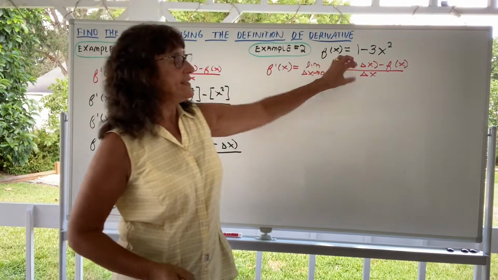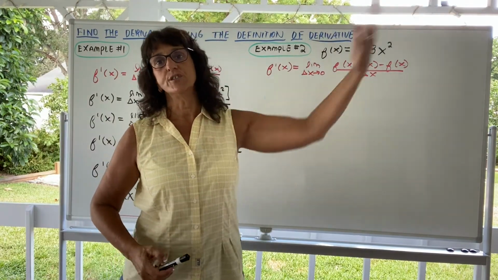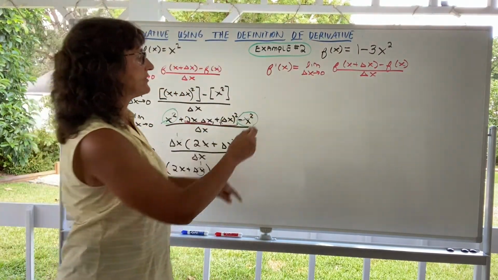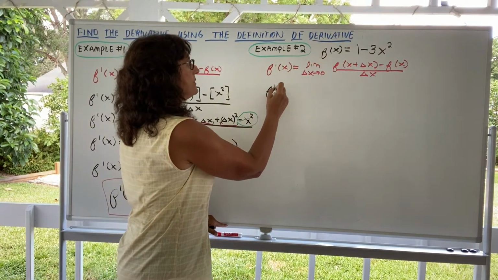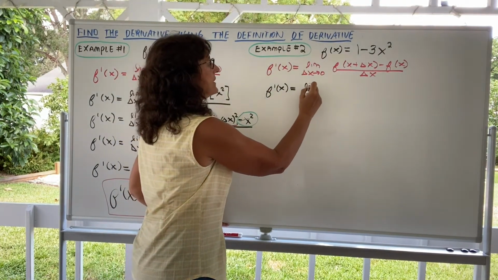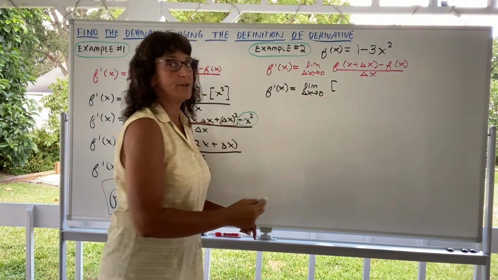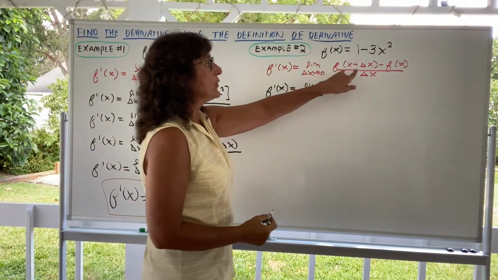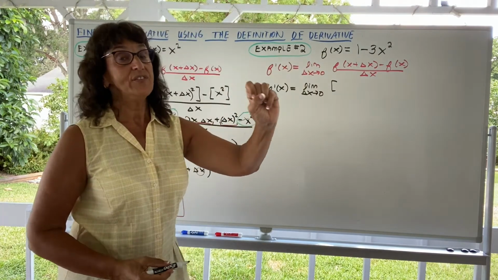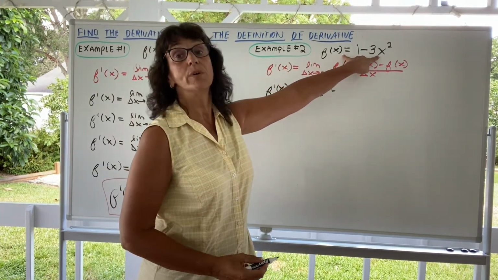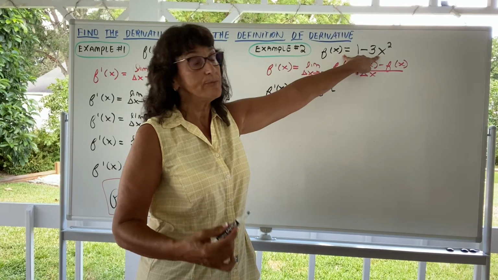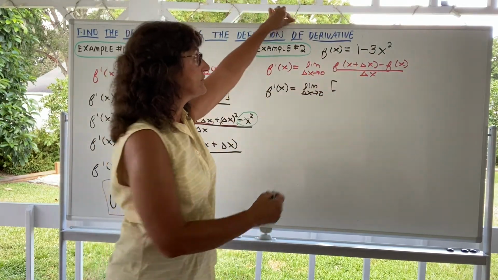We want to write the definition in terms of our function given to us, the 1 minus 3x squared. So we want to compute the derivative. It's the limit as delta x goes to 0, and here we go. Let's go ahead and put our function notation in there. We want f of x plus delta x. So you go to your function, and we're going to make a substitution, replace the x's with x plus delta x.